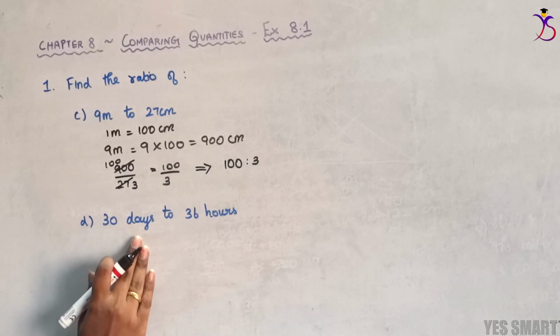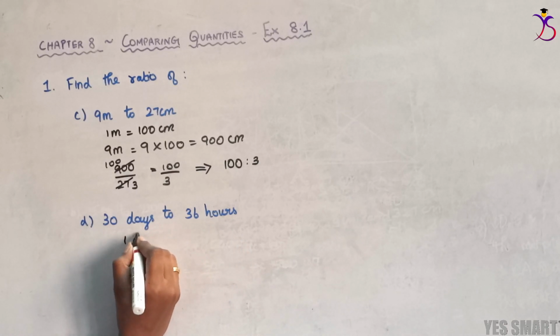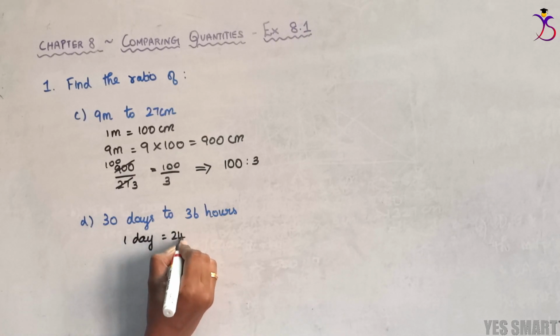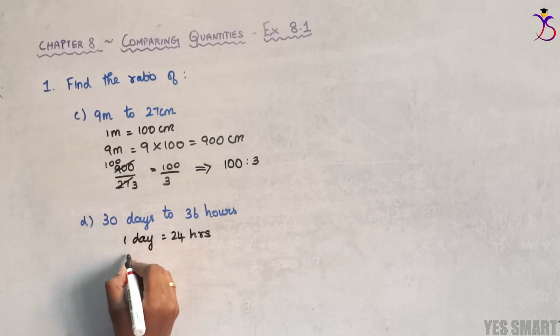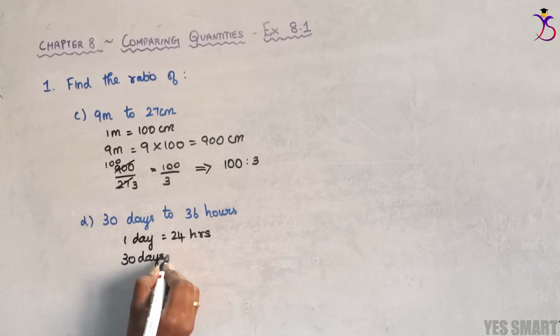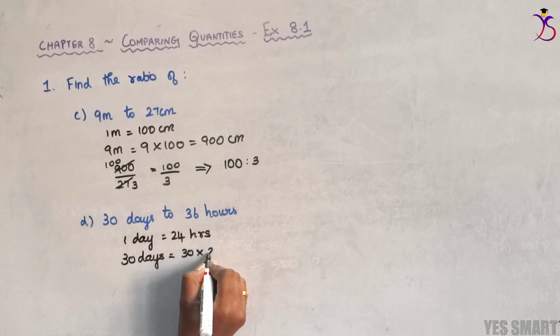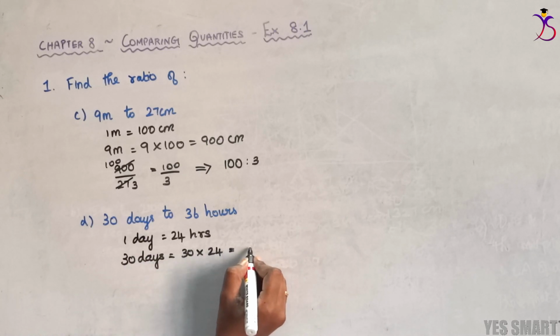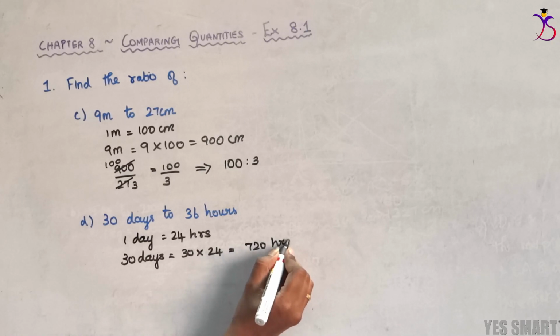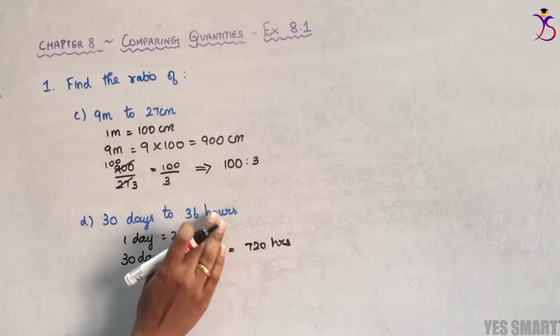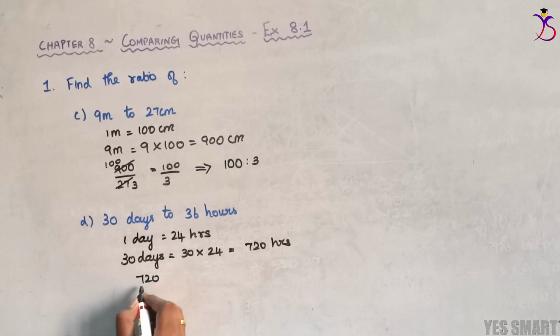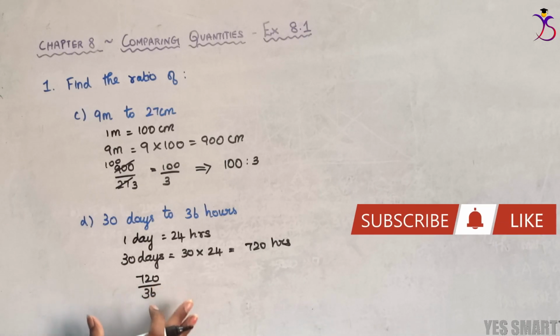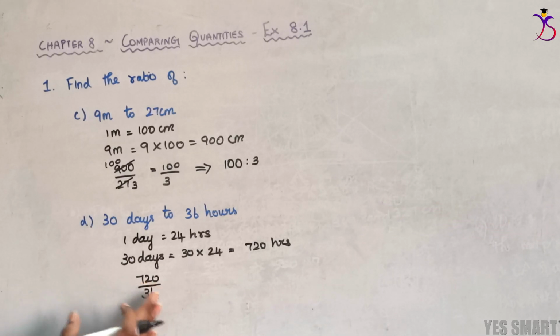The next sum, 30 days to 36 hours. Let's convert the days to hours. 1 day equals 24 hours. So 30 days equals 30 into 24, which is equal to 720 hours. So we have 720 hours and 36 hours. Let's find the ratio. 720 divided by 36. We can straight away cancel in 6 tables or even any other number, or we can even start from as low as 2 table or 3 table.